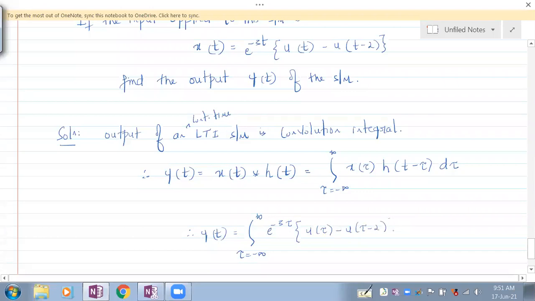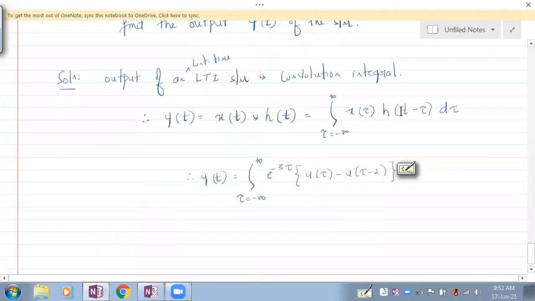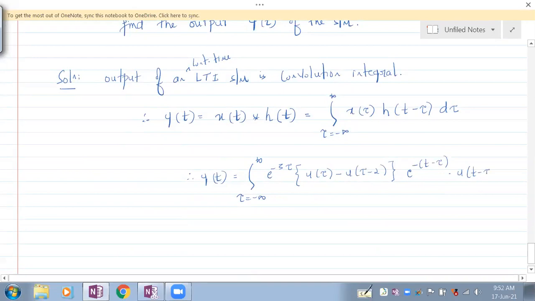So this is the first signal, x of tau. And what is h of t minus tau? See here, this is h of t, right? So h of t minus tau would be e power minus t minus tau into u of t minus tau d tau. So this is how the signal is.